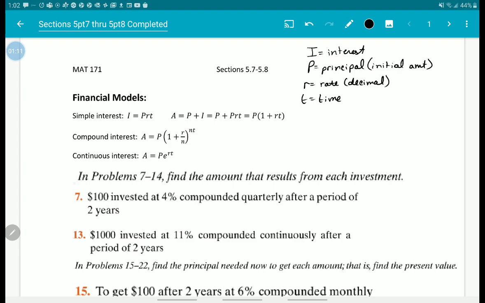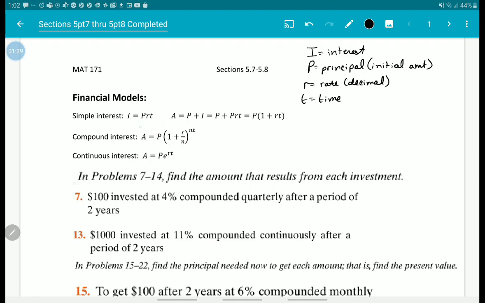But some of these concepts we're going to see in other examples where we could talk about the growth of bacteria. You want the rate and the time to be in the same unit. So if we're talking about bacteria growth per hour, then we would want the time to be in hours also. But for now, when we talk about money, interest rate is usually in years, and time's going to be in years also.